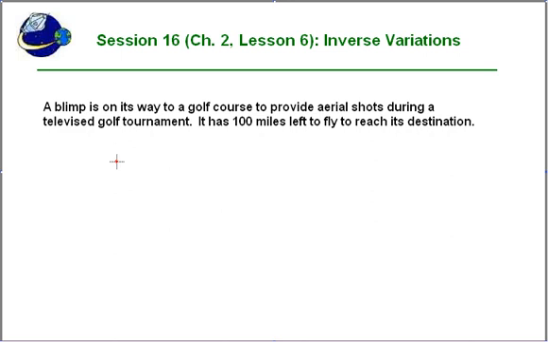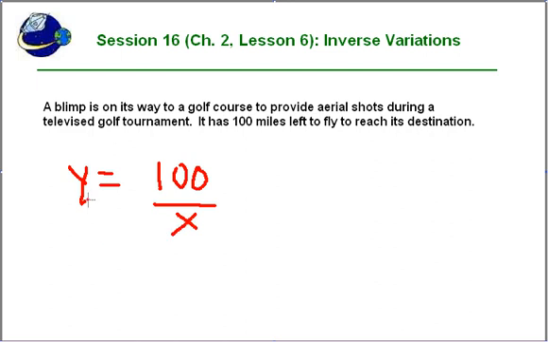Obviously, if the blimp is going at a higher speed, it's going to take the blimp less time to get to its destination than it would if it were going at a slower speed. So the formula that we're going to use here is y equals 100 divided by x.